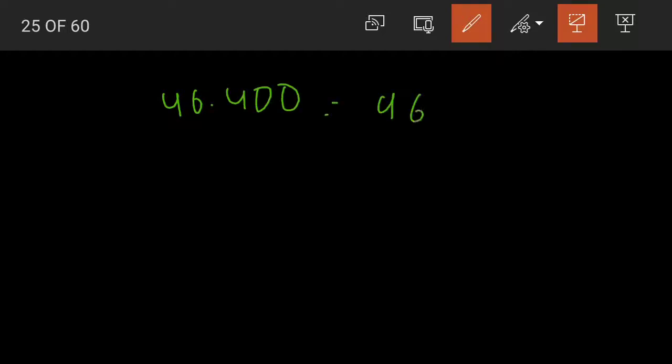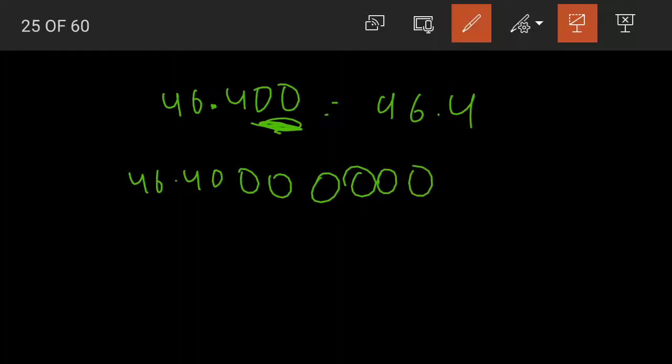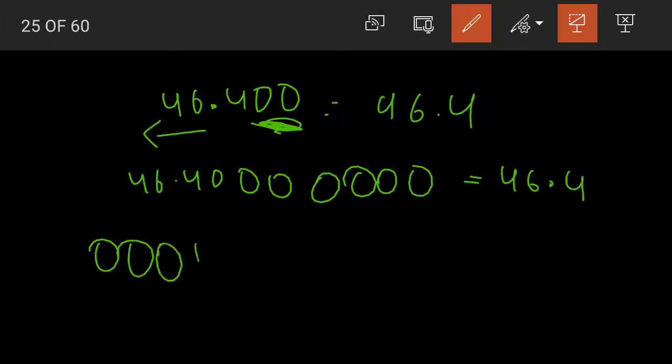46.400 is nothing but equal to 46.4. So after the decimal point to the right end, no matter how many zeros we write, 46.4000000 also will be equal to 46.4 only. In the same way, on the left side of the decimal point, if I write 00046, it will be nothing but equal to 46.